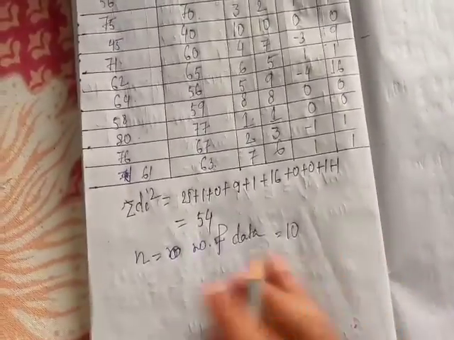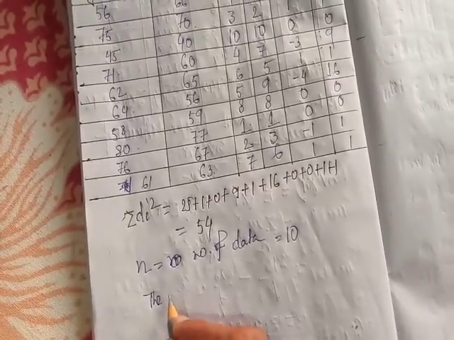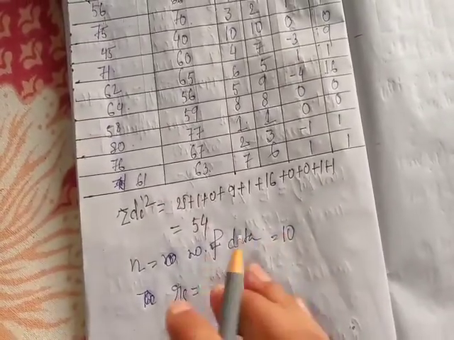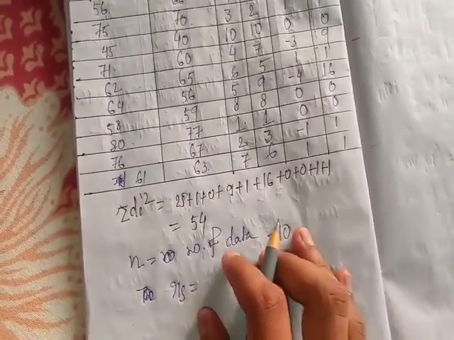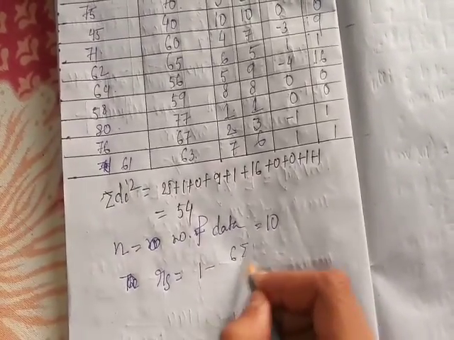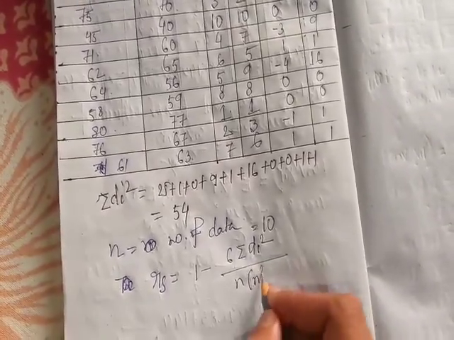The formula of the rank correlation coefficient Rs is 1 minus 6 into summation di square by n into n square minus 1.